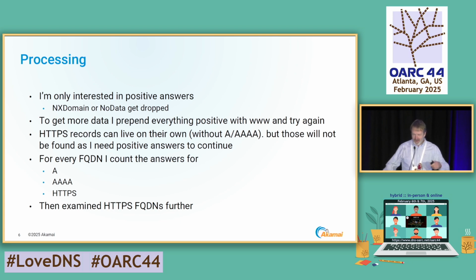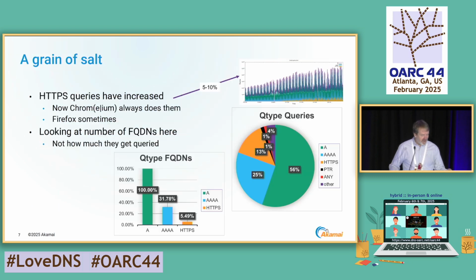So I took all the data I had and checked if there's no www at the front, just prepended it and saw if I could resolve that. With that, I looked up lots of the FQDNs and tried to get A, quad A, and HTTPS records. If I had an HTTPS record, I examined that further. We'll come to that later also.